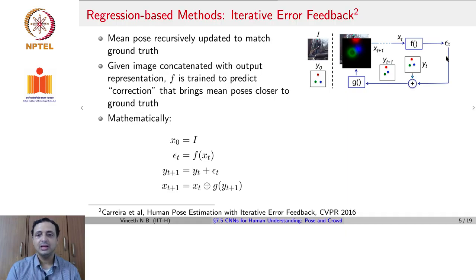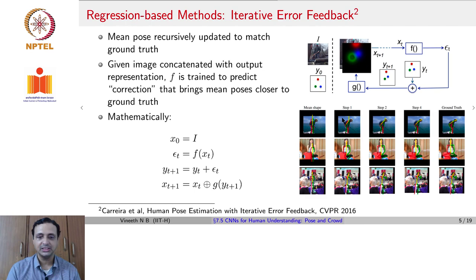This epsilon t is added to yt, which was the pose in your previous step, and you get a new pose yt plus 1. And now this yt plus 1 is overlaid on the image, and a patch around it is now used to again refine the error and the deviation to get a new epsilon t, and this is now iterated over and over again to get a final estimate of the pose.